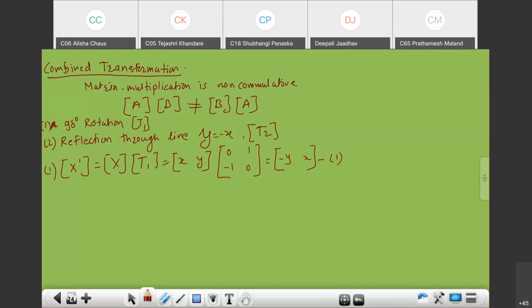The second case is that after that, it is followed by the reflection. So the final result x star is equal to x dash multiplied with T2. It is x dash, which is minus y, x, and here the transformation matrix for the reflection through y is equal to minus x.